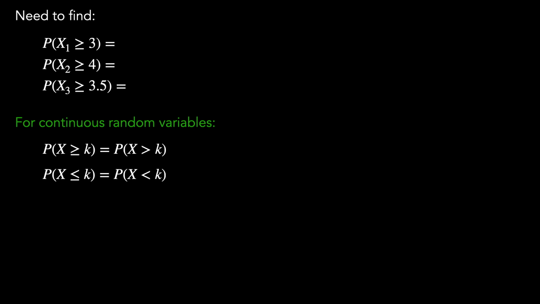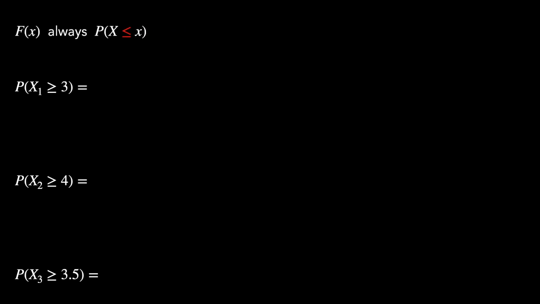We'll go over this a little bit more in the tutorial with an example, but just remember that for continuous random variables, greater than or equal to or less than or equal to is the exact same thing as greater than or less than. So we don't have to worry about the stuff we did last week where we're subtracting off and figuring out where on the number line we want to start from. Continuous random variables are far easier than discrete random variables when it comes to this. Okay, so we've got 3 individual probabilities that we're looking for.